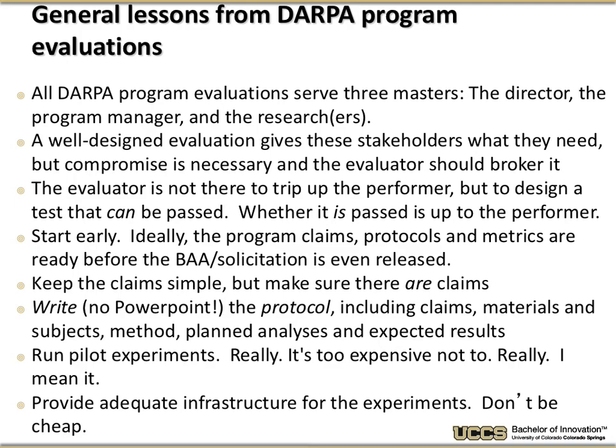That might be how you implement your protocol, but your protocol should be, I'm going to run it on these 400 files. And if you choose to implement that by putting those 400 files in a directory, you should have a list of those 400 files someplace else that says the protocol is you run it on these 400 files. Because now you know exactly what the data is, and you don't have to worry about it changing. And you will be surprised how much time this will save you.